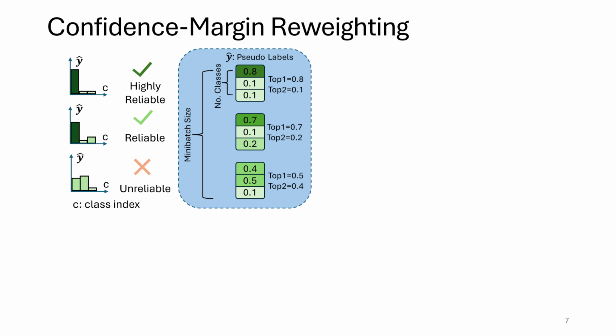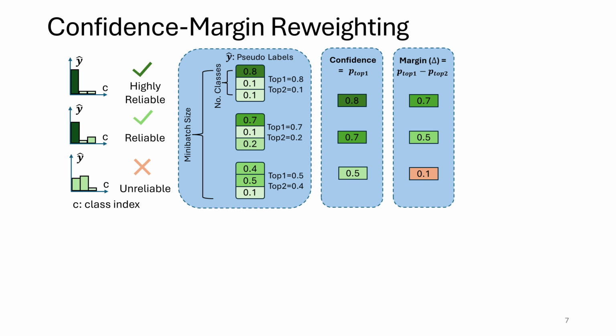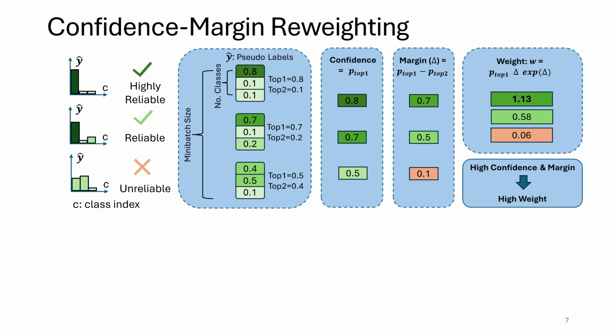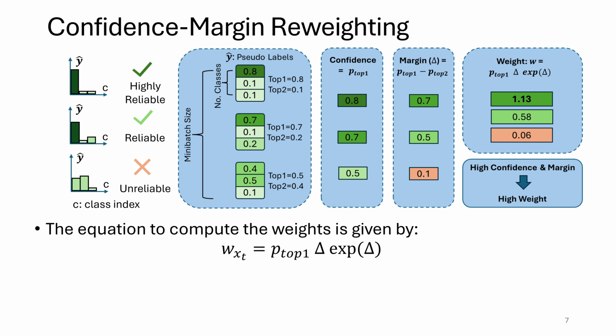The weighted function multiplies the confidence, which is the top one prediction probability, with the margin, which is the difference between top one and top two prediction probability, by the exponential of margin, as shown in the equation.